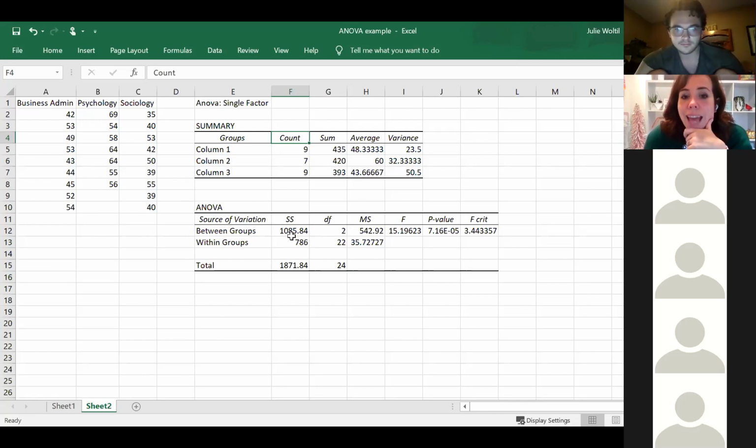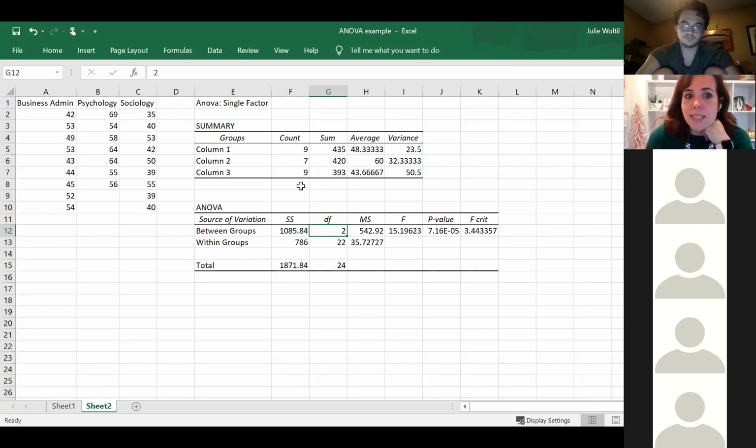Okay. Now we want to then go to the specific ANOVA. Here's our sums of squares between groups. So this is our SSB. This is our SSW. Okay. These are the degrees of freedom between groups. So we have 3 groups minus 1. That gives us 2 degrees of freedom. We have here for within groups, remember we take our entire N, which is all of this together.